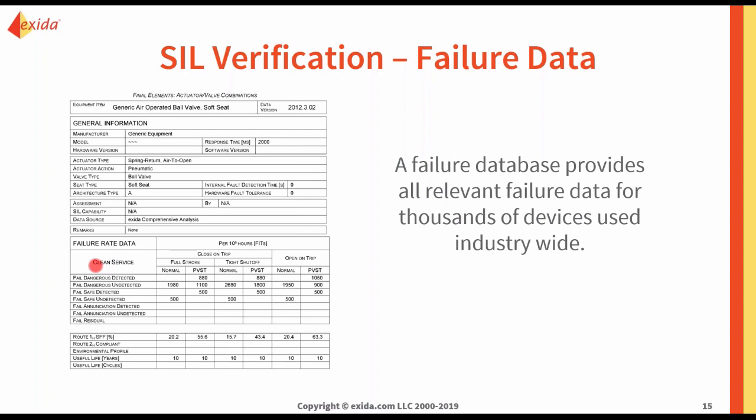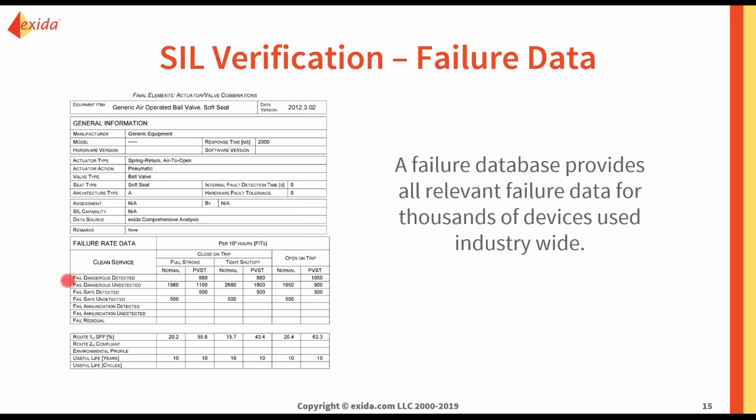That sort of information would be in your safety manual. If you are, we have options for close on trip and open on trip. For close on trip, we have full stroke and tight shutoff failure rates. And then for each of those, we have normal and PVST failure rates. We have that for tight shutoff and open on trip as well.